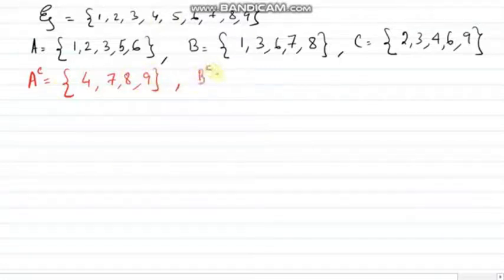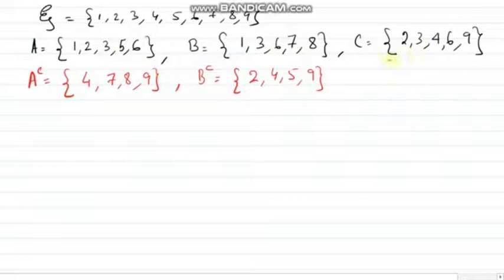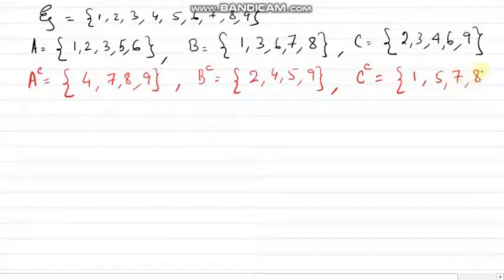So B complement will be, I have taken 1, 3, 6, 7, 8, so it will be 2, 4, 5, 9. C complement will be 1, 5, 7, 8. All of you understood the concept of complement?